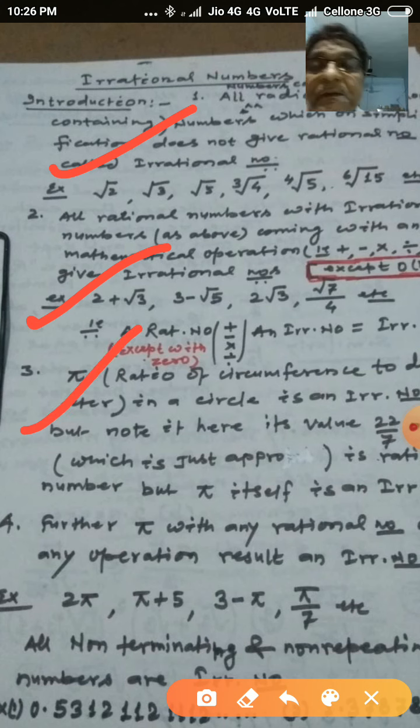Third point is pi. In mathematics it is commonly used, especially in problem solving related to circles. Frequently this symbol pi is used, and pi is defined as the ratio of the circumference to the diameter of any circle, because its value remains constant and its actual value is non-terminating and non-repeating.